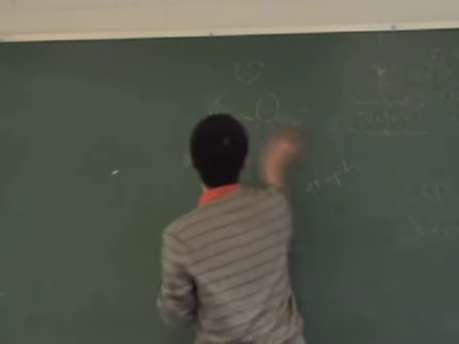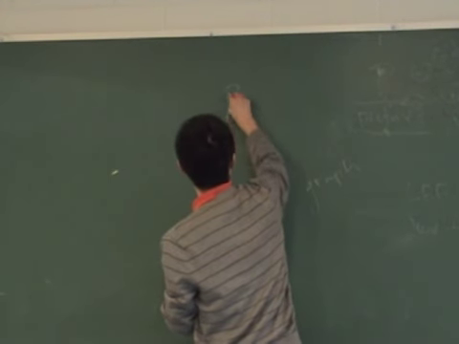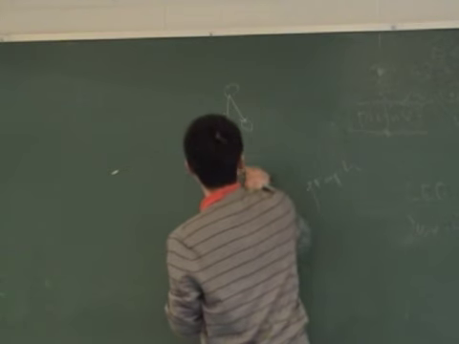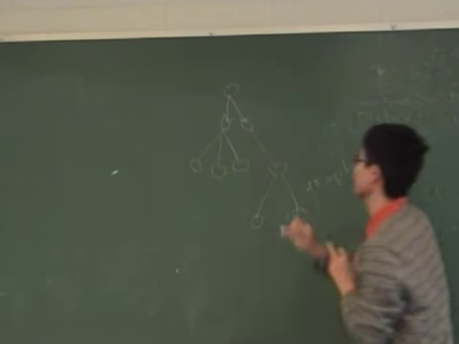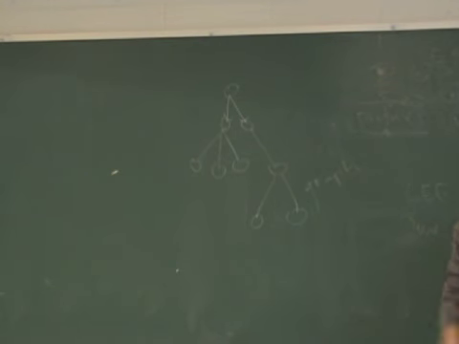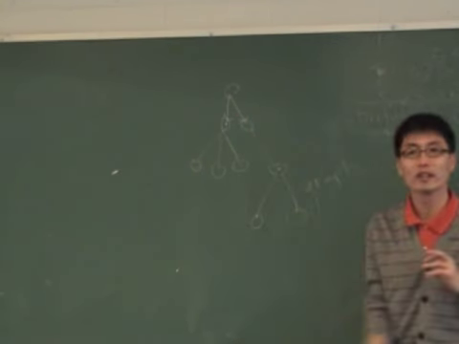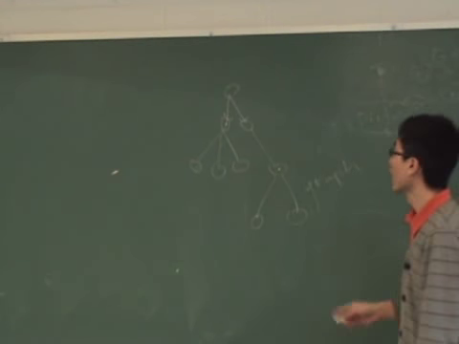However, if we have, what is this? Tree. It's a tree structure. Parents, children, parents, children, parents, children. How many parents? One parent. It's a hierarchy structure.